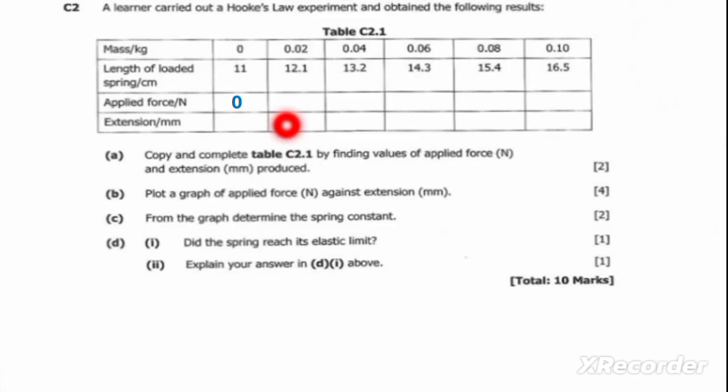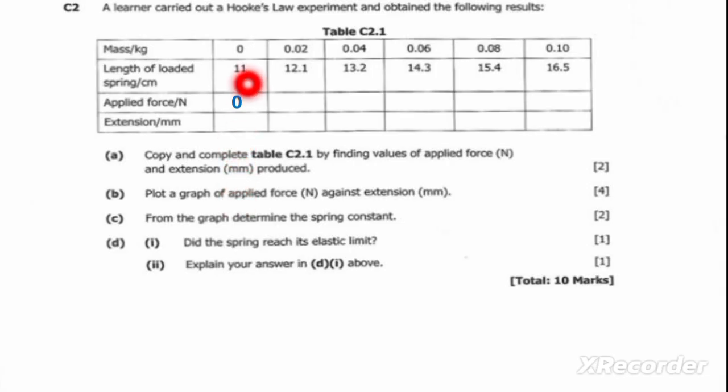Then we come to the next column. Mass, which is 0.02, times gravitational acceleration, which is 10 meters per second squared. Let us find the extension in advance.